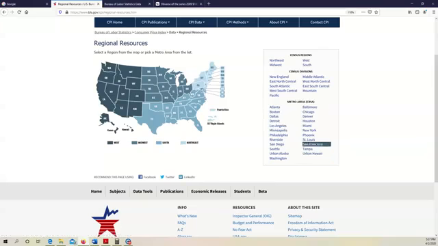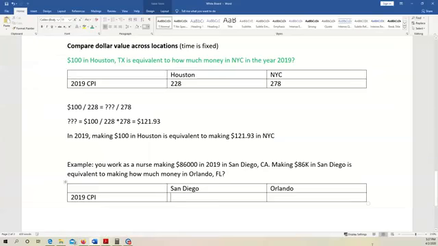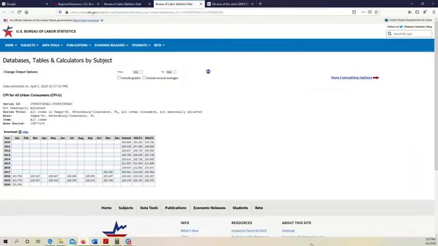We don't have Orlando, so I'm going to use Tampa Bay as a substitute. So the 2019 CPI for San Diego is 299. That means it costs you lots of money to live in San Diego. How about Tampa Bay? I use Tampa Bay as a substitute for Orlando since I don't see Orlando on this website. 228.